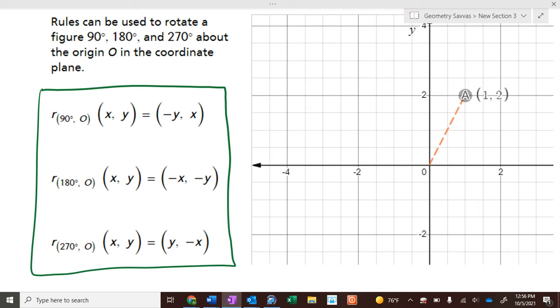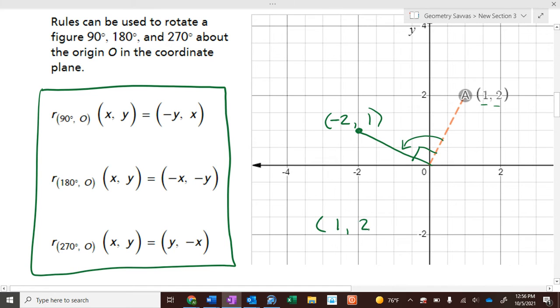All right, so let's do a 90-degree rotation of the point 1, 2. So then it'd be the point 2, 1, and what was the y becomes negative. So it'd be negative 2, 1. It'd be right there. Now, does that look like a 90-degree angle? Sure does to me. So then 180 would be the point 1, 2, and both of them would have opposite signs, so it'd be negative 1, negative 2, right there, which then makes a 180-degree angle a straight line.